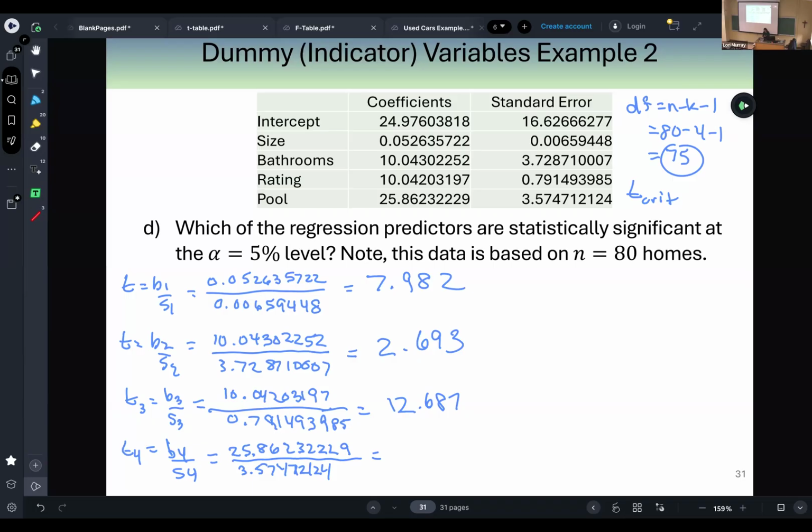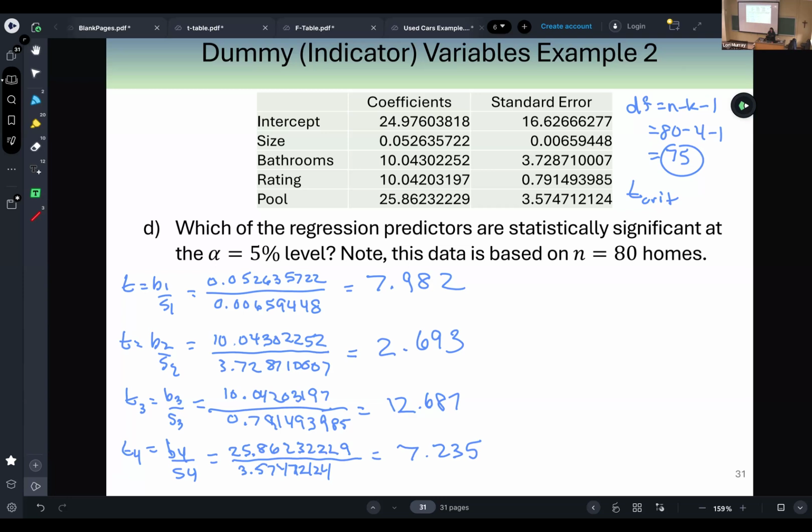What's it? 4, 7, 1, 2, 1, 2, 4. Anybody got the last one? Yes, at the back? 7.2347. Yes, good. So I'm just going to make this a little neater so everyone can see this. 7.235. I'm going to just stop there. That's good, but you have more precision.